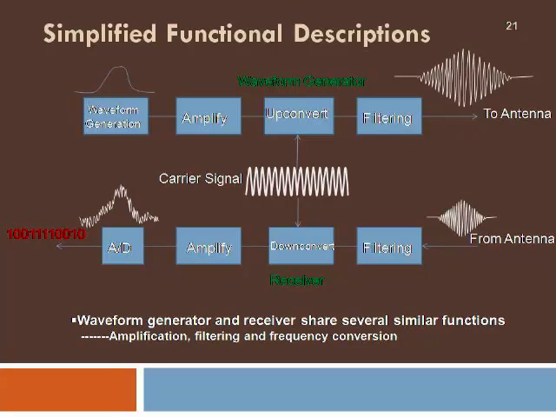So the waveform generator and the receiver share several similar functions. What are those things? The common blocks in the transmitter and receiver will be amplifier, filtering and mixing, that is, the frequency conversion. In the transmitter part there will be up conversion, and in the receiver part it's going to be down conversion.